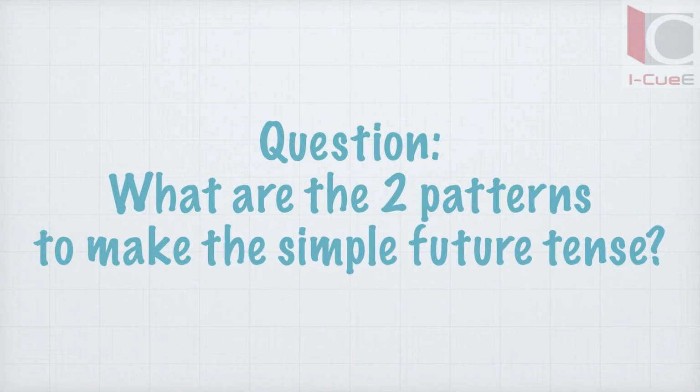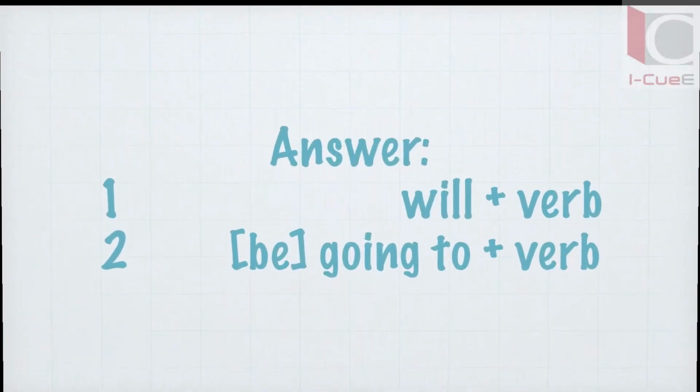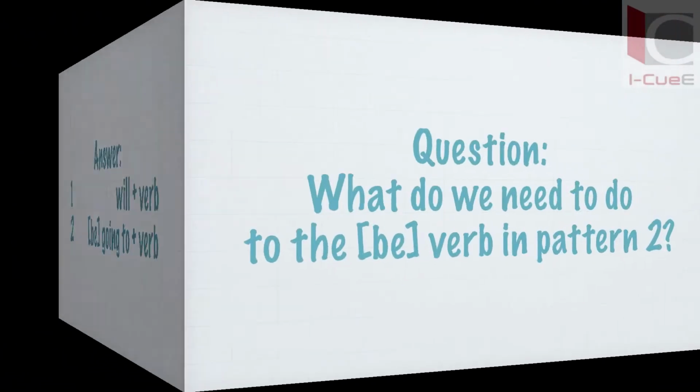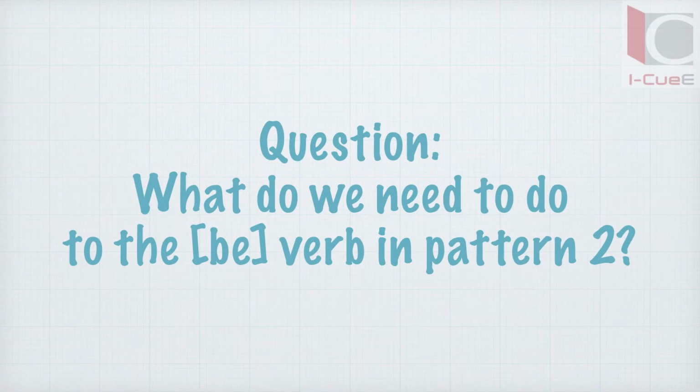What are the two patterns to make the simple future tense? One, will plus verb. Two, be going to plus verb. What do we need to do to the be verb in pattern 2?